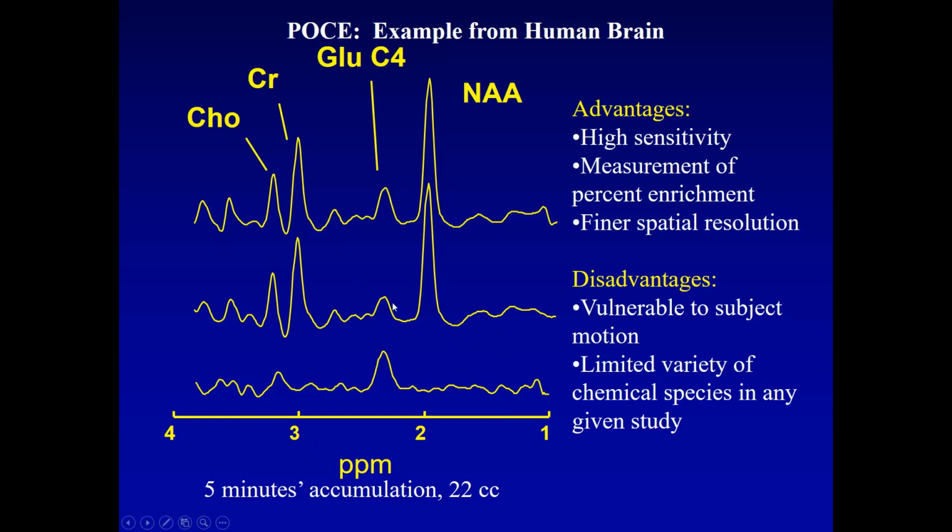So the glutamate peak is smaller. And then when we take the difference, we have a glutamate peak. Now this difference actually is smaller. You can see that if you subtract this peak from that peak, you get a very small difference. So we scaled it up by a factor of 4 to show it here.